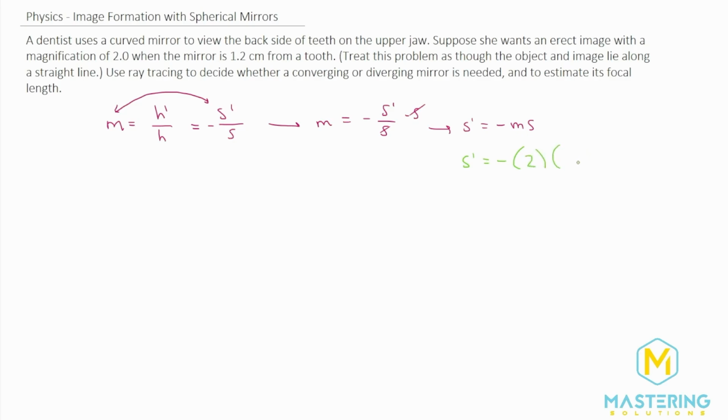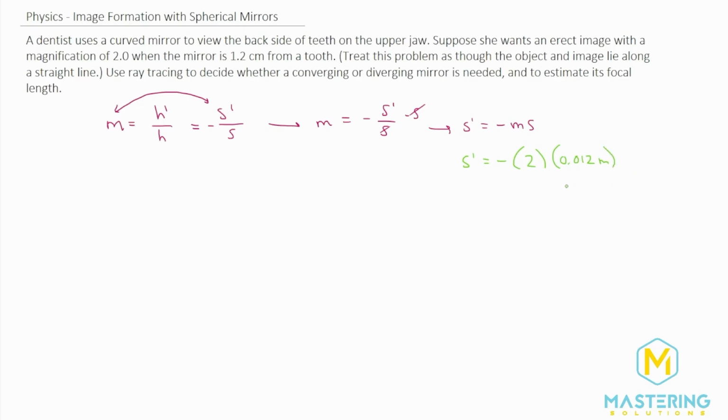Let's put that in standard units. You could leave it in centimeters for this step, it doesn't really matter, but for the next step we definitely want it in meters, so we might as well do it now. We can change this to 1.2 times 10 to the negative 2, or just move the decimal place 2.